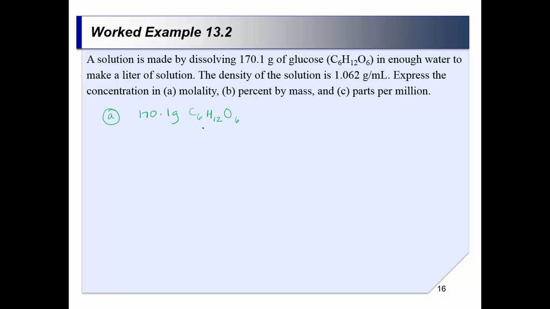This is the chapter where you really need to pay attention to that. So I'm going to convert that to moles using the molar mass of glucose, 180.2 grams per mole of glucose, and I get 0.9440 moles of glucose.